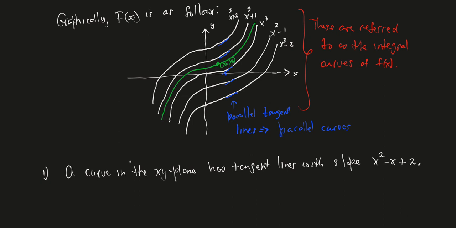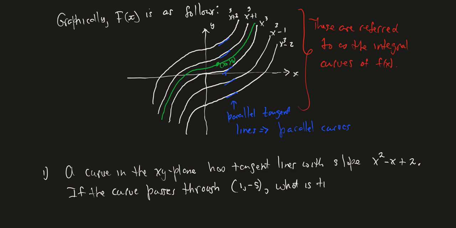If the curve passes through, let's just make a point, let's say it passes through (1, -5), what is its equation?